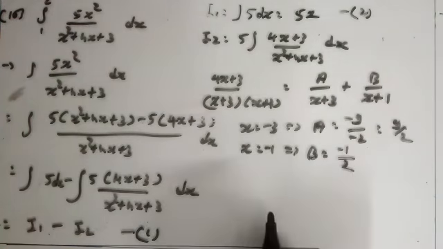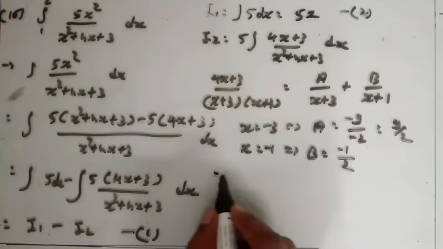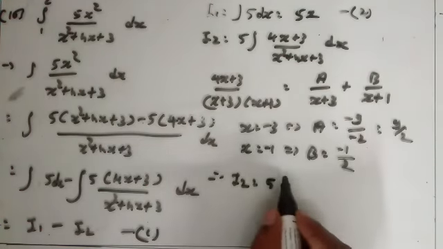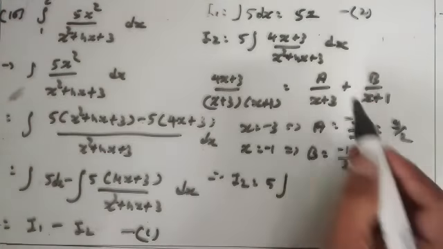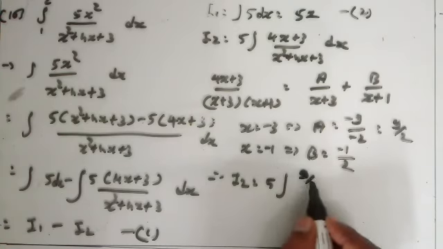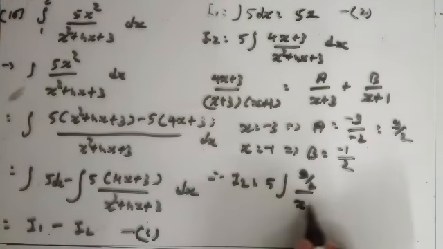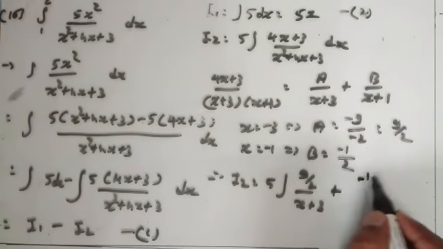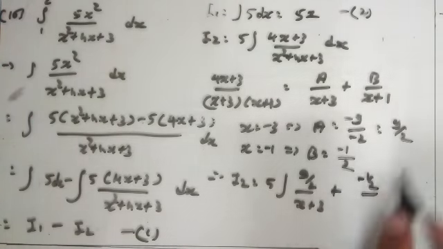So b is equal to minus 1 by 2. Therefore, I2 is equal to 5 times the integration of a, which is 9 upon 2, upon x plus 3, plus b, which is minus 1 by 2, upon x plus 1.